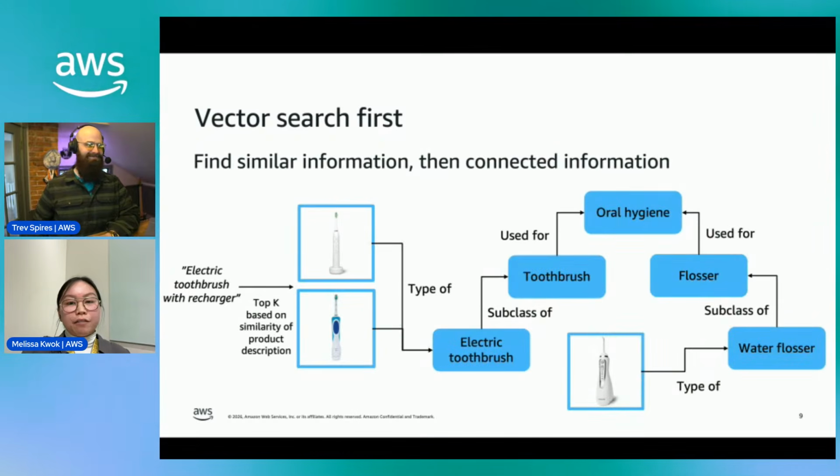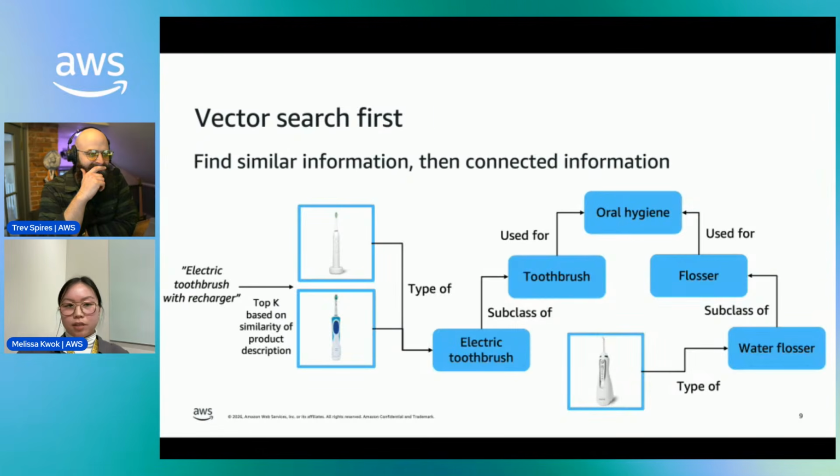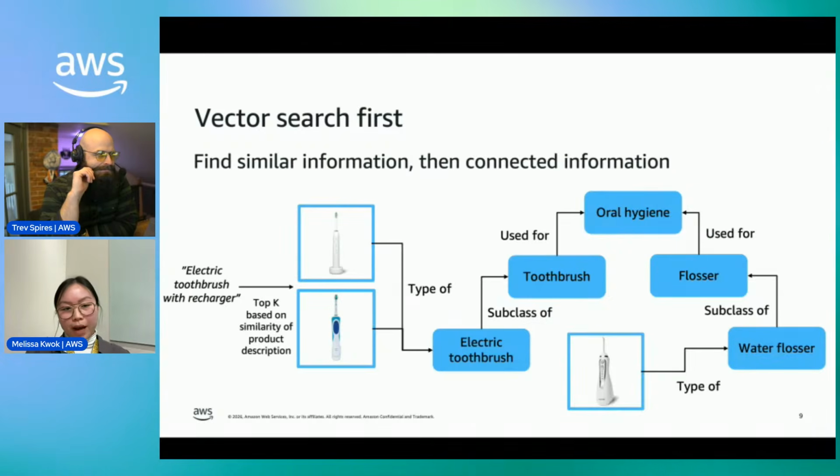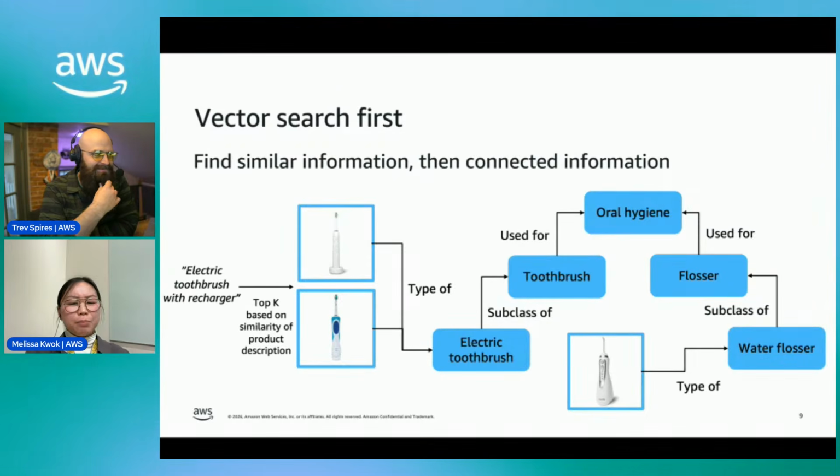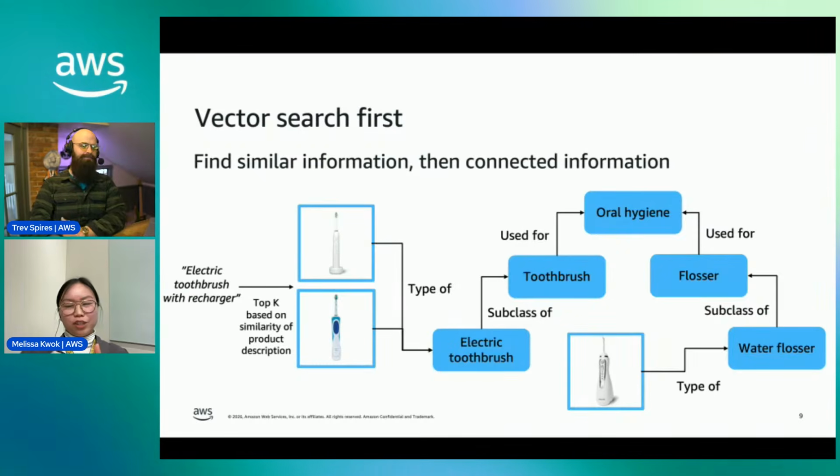We can have a product domain expert generate a product ontology for us, where we map each unique model of the electric toothbrushes we surfaced in our search. They're a type of electric toothbrush. Electric toothbrushes are subclasses of toothbrushes, right? Because you can also have manual toothbrushes.